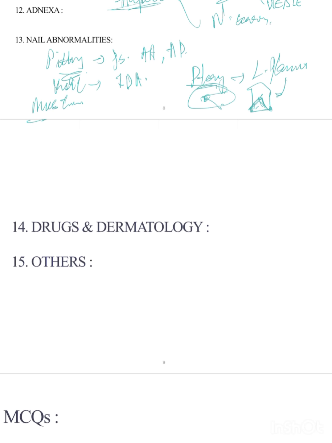However, in all other tinea, terbinafine is the drug of choice. Then you need to remember the drug-induced pigmentation. The most important will be arsenic, which presents with raindrop pigmentation. And another important thing will be bleomycin, which presents with flagellate pigmentation.